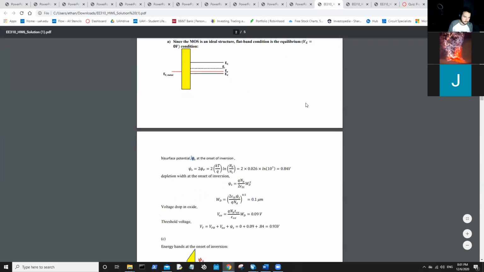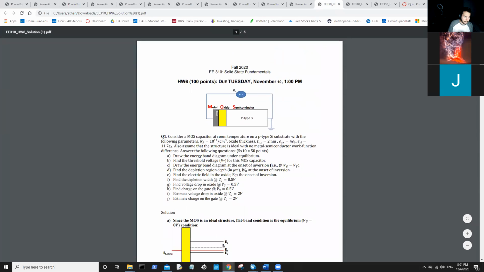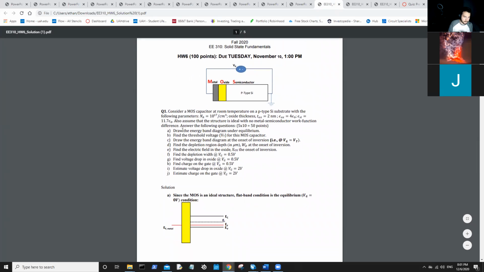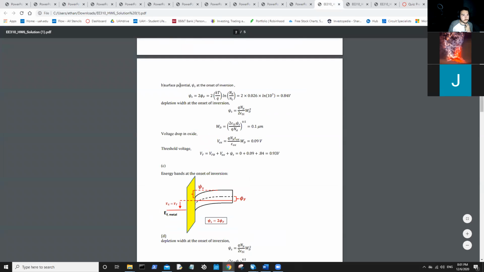This is something I've always wondered what the proper way to do is, because we have to do this all the time. When you look at these problems, the first question is almost always to find the threshold voltage. And the threshold voltage for the MOS capacitor and the MOSFET are identical. I believe the formulas don't change. So let's look. Oh, here it is.